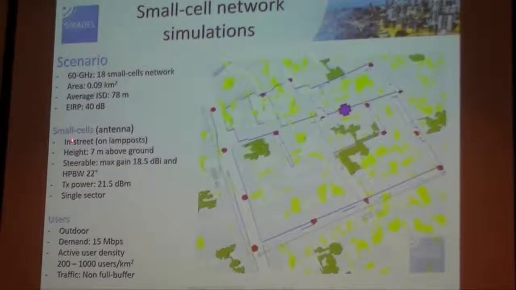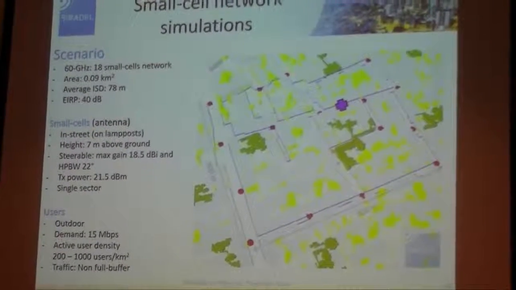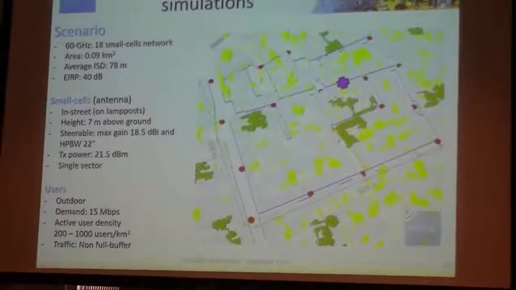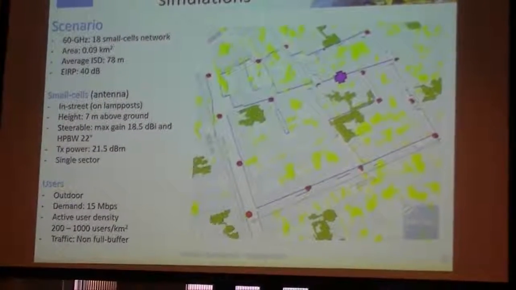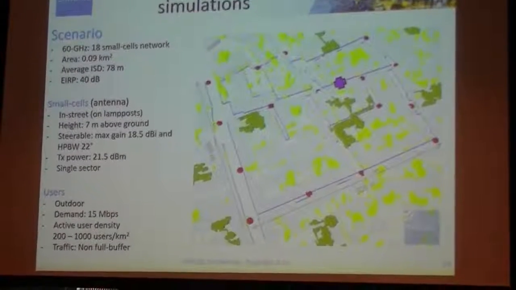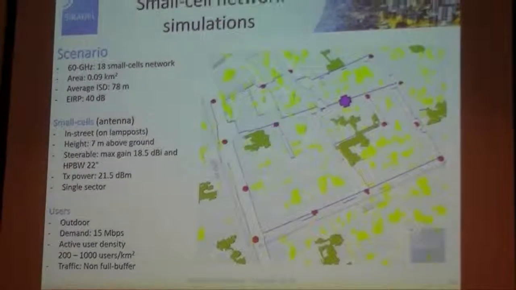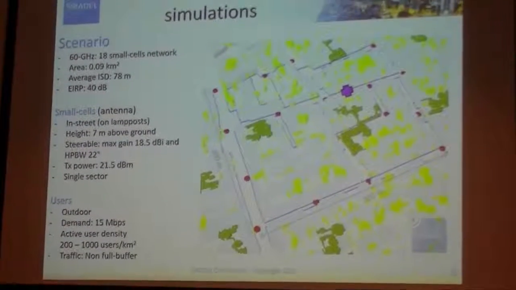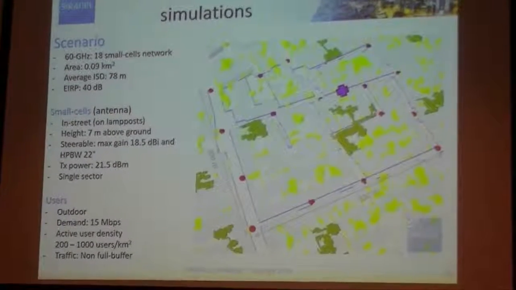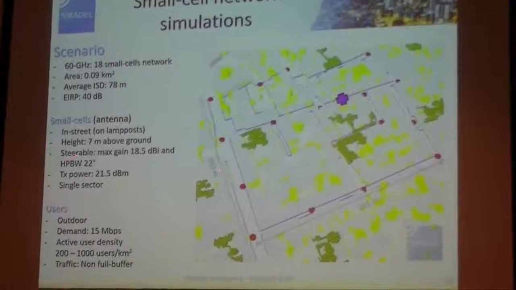Then we have our small cells, so the antennas are located around 7 meters above ground on lamp posts. You know that lamp posts are one of the preferred locations for the densification of the network. They are very good because generally they have the electrical power that is already present, and sometimes even the fiber cable already exists.